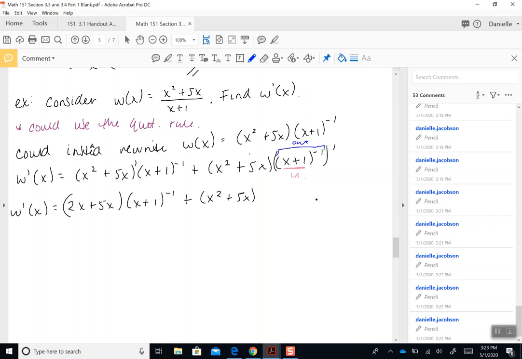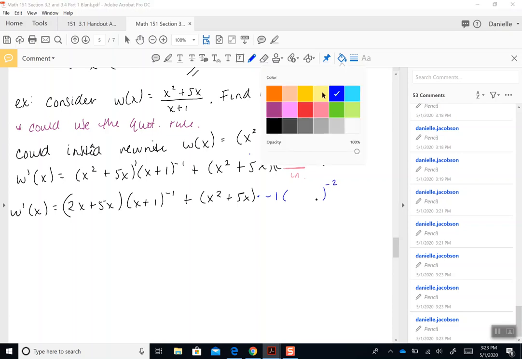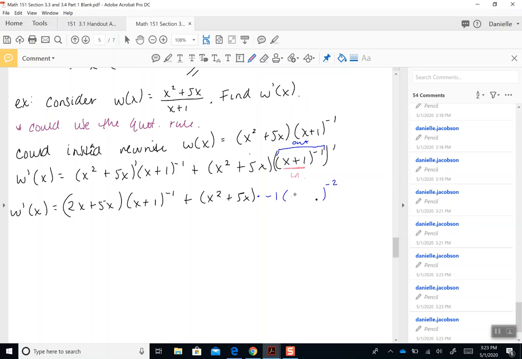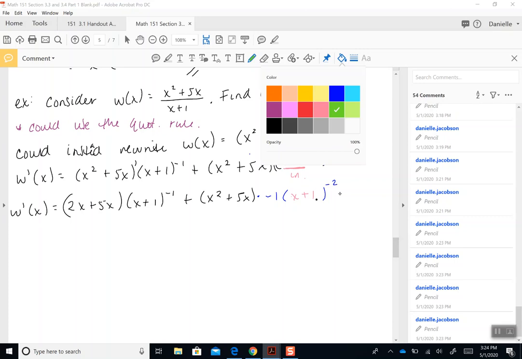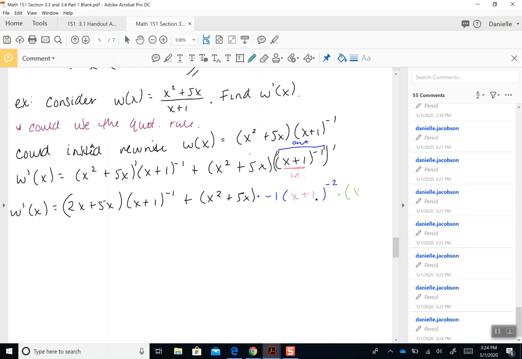Okay, so if we take the derivative, we'd multiply by the derivative of the outside. So that would be negative 1 parentheses to the negative 2. We have to plug the inside back in. So I'm going to put that x plus 1 back inside. And now I need to multiply that by the derivative of the inside. So I'd have x plus 1 prime.